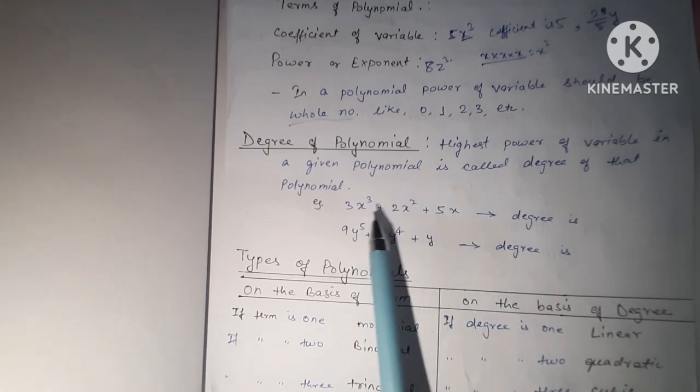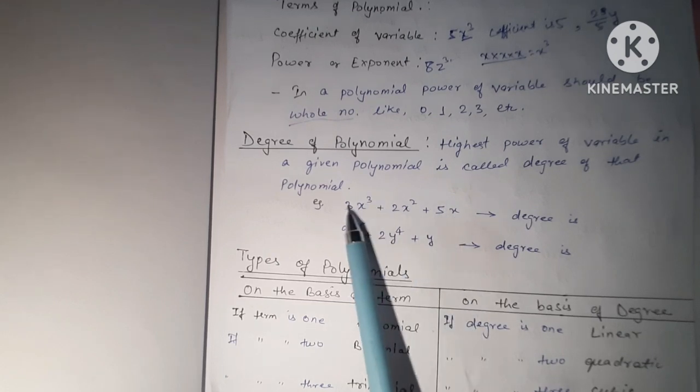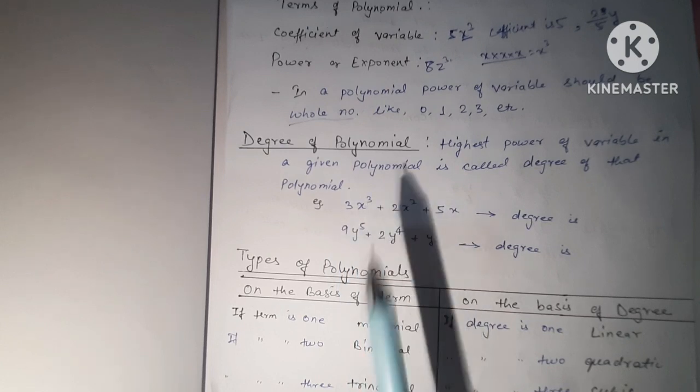So what is the highest power of the variable? It is 3. So 3 is the overall degree of this polynomial. So we write degree is 3.